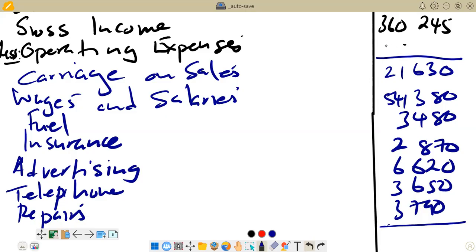So if you add correctly there, you are supposed to get 583,420. This is the total for operating expenses, and we are saying less here, so it means we are subtracting. So we can show by brackets that we are subtracting from this figure of 360,245. So this is what we have.